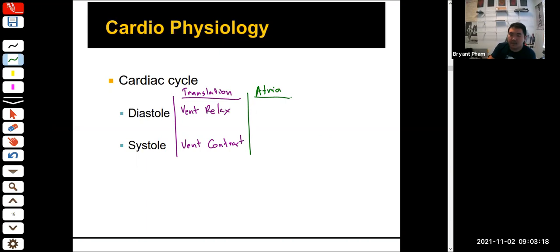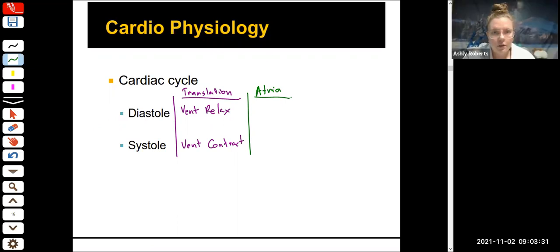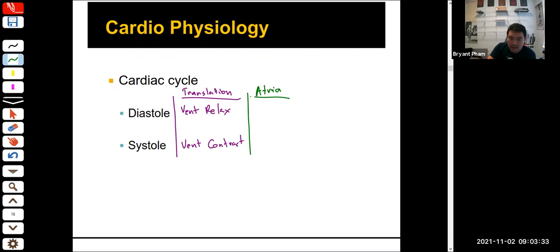During diastole, what state are your atria in? They're contracting. So we would see during diastole atrial systole or contraction. Therefore, we would see atrial diastole. Cool.